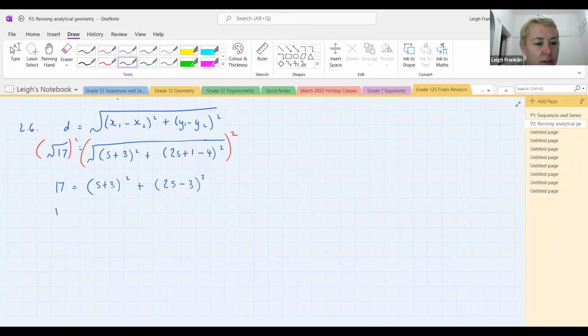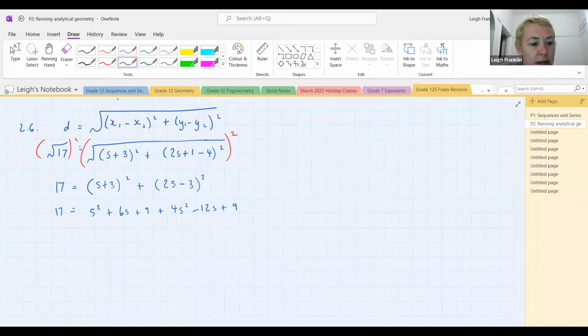Squaring our binomial gives us S squared plus 6S plus 9. Then over here we end up with 4S squared minus 12S plus 9.